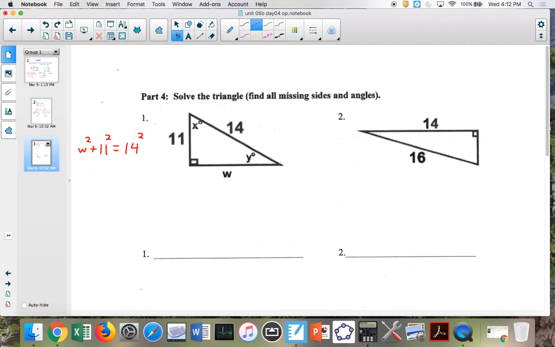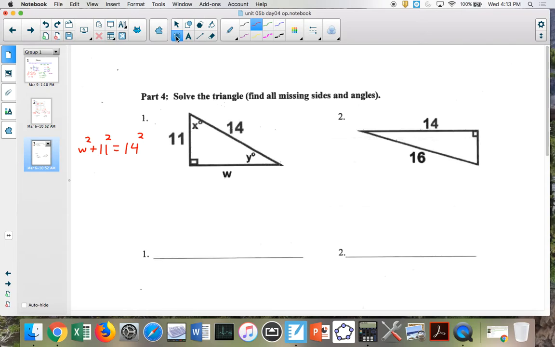Remember, when you're setting this up, the hypotenuse is the one that goes by itself. The other 2, which are the legs, are the ones that get added together after they're squared. So it really doesn't matter where the variable is, it's which are the legs and which one's the hypotenuse.